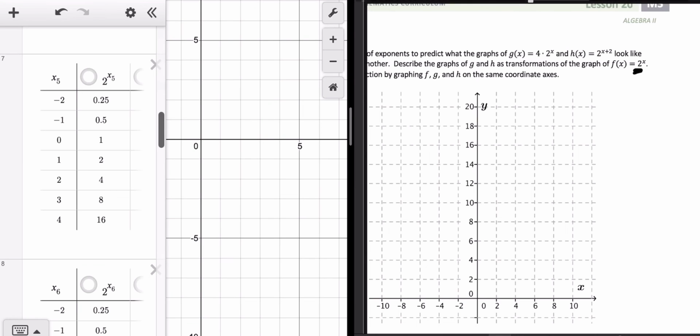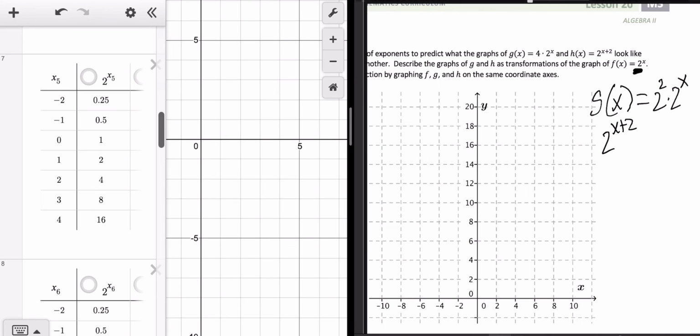So if I do g of x with a base of 2, that would be 2 squared times 2 to the x, right? 2 squared is 4. So now I've got 2 squared times 2 to the x, which can just be rewritten as 2 to the x plus 2.